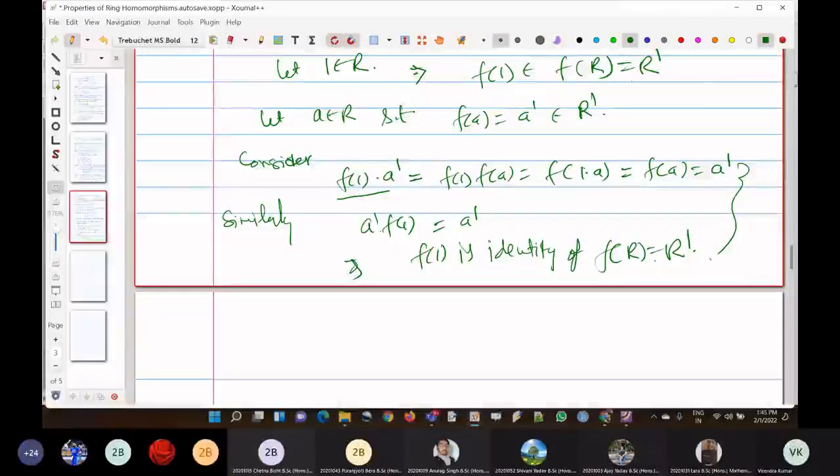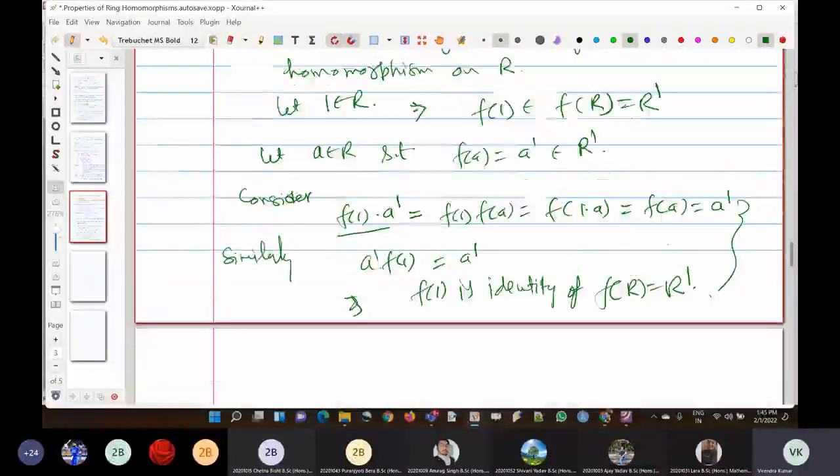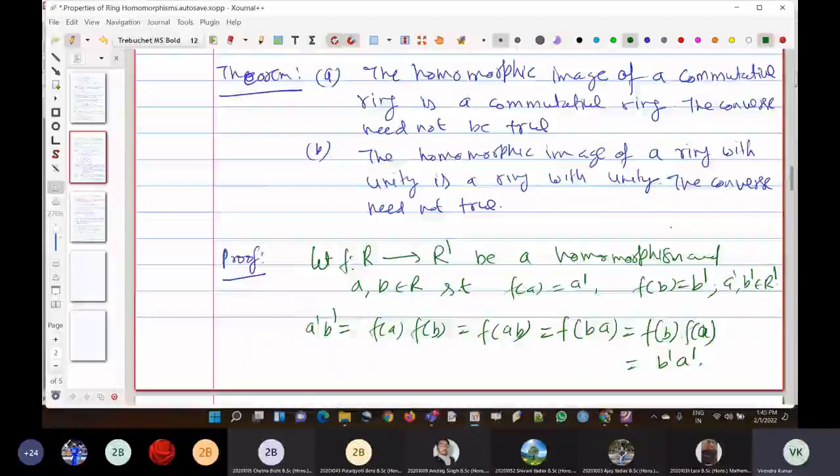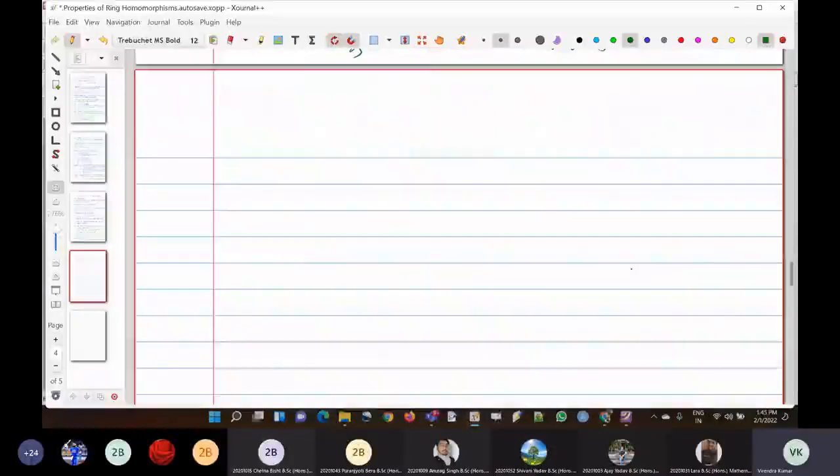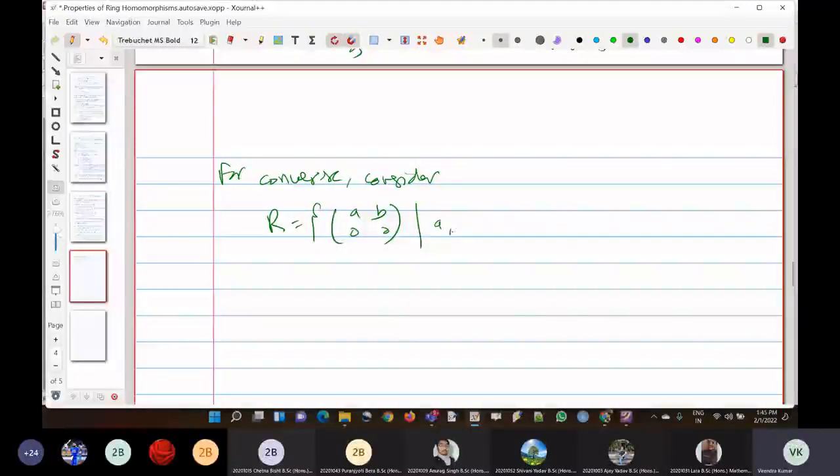Fine. Now again, they are telling that the converse need not be true, and the same example will work here also. For the converse, consider the ring R which contains matrices with first row a, b and second row 0, 0, such that a belongs to the set of integers.